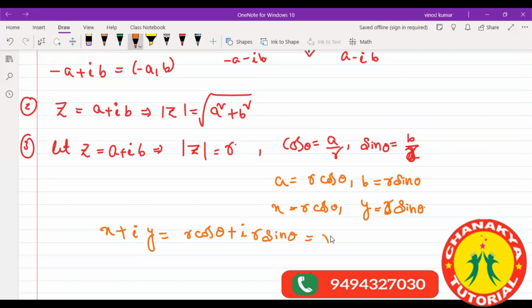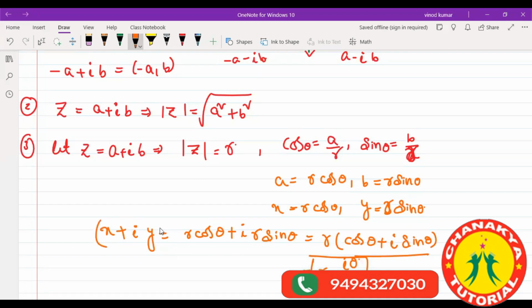Taking R common, R into cos theta plus i sin theta. This can be written in exponential form as R into e to the power of i theta. This is called the polar form of a complex number.